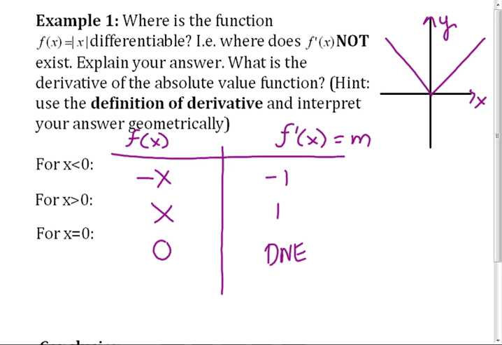What is a derivative? If I'm coming in from the right side, it's the limit as h approaches 0 from the right of the absolute value of x plus h minus the absolute value of x, all over h. That's my definition, right, Ori? And what x value are we looking at in particular?